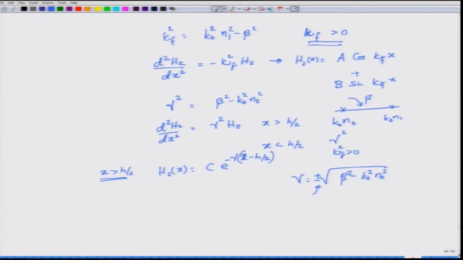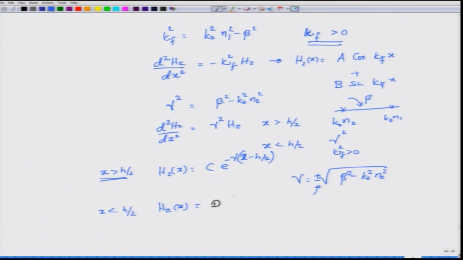The reason why I have written x minus h by 2 is to simplify the boundary condition. So, at x equal to h by 2, this exponential term will be equal to 1, and therefore, the value of Hz as you come in from the cover will be equal to just C. But when x is less than h by 2, the field that I need to consider will have a positive gamma value. Why? Because there x will be negative.